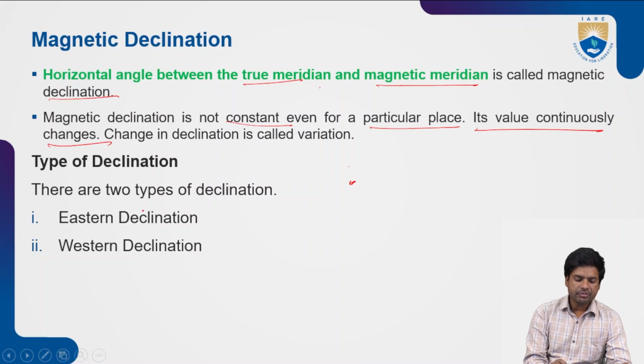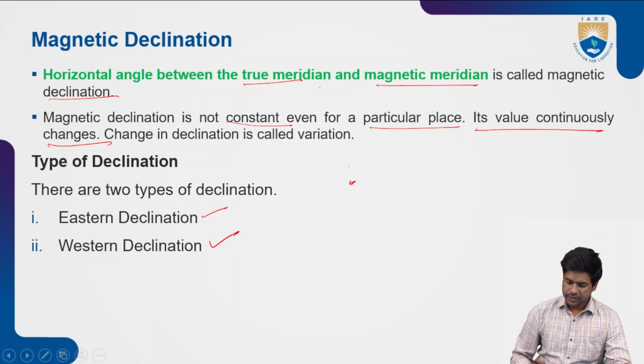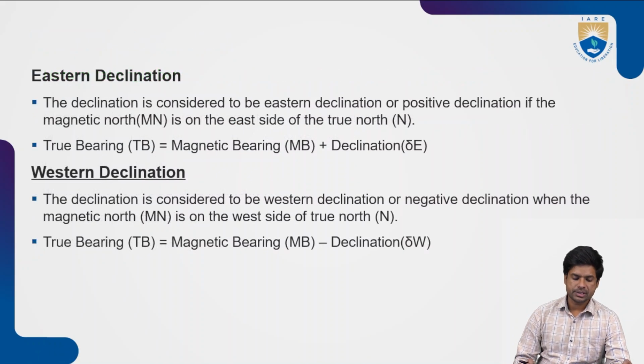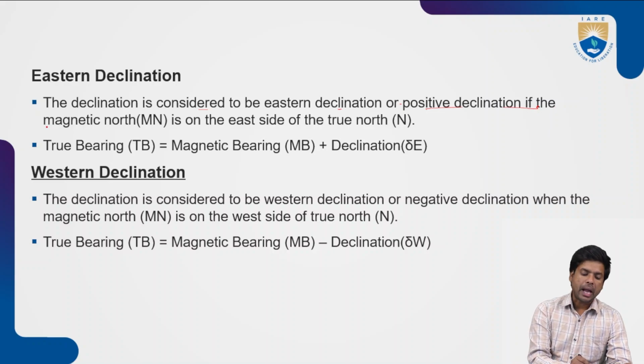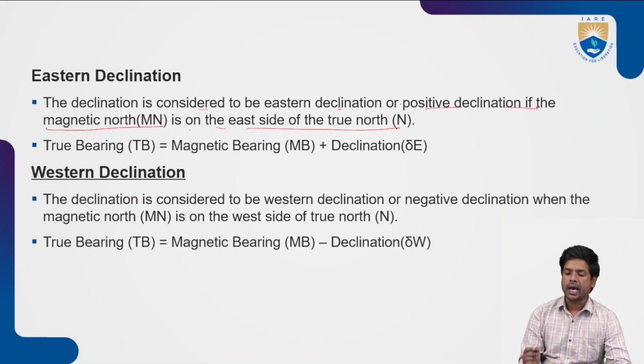The first type of declination is eastern declination and the second one is western declination. Now we will discuss each declination clearly. The declination is considered to be eastern declination, or positive declination, if the magnetic north is on the east side of the true north, as we discussed in the previous slide.